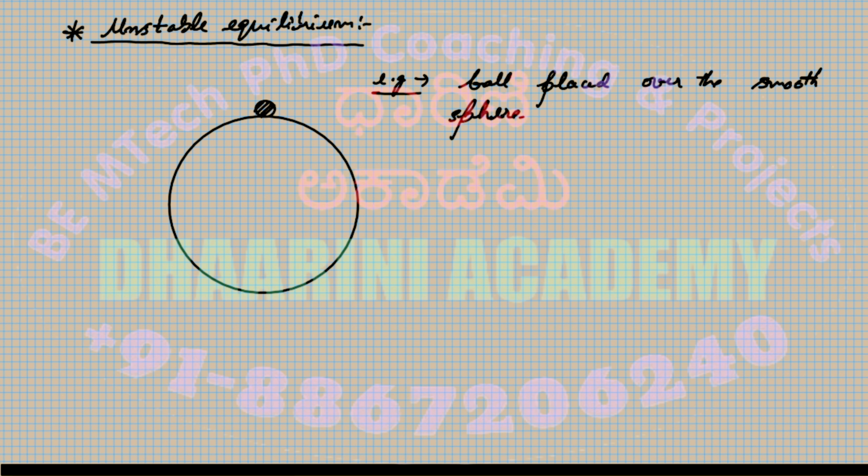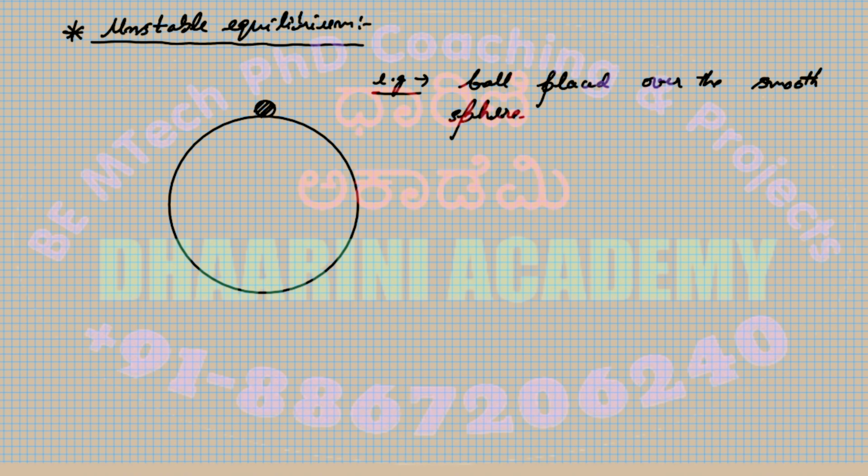At the moment you leave it, it looks stable, but after some time the ball will fall down. So this is the unstable equilibrium position of the ball.